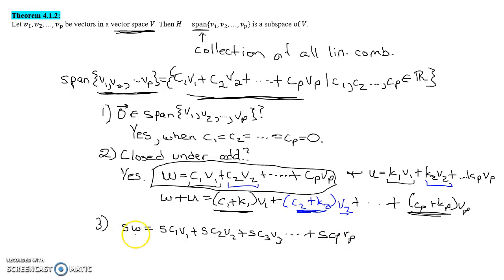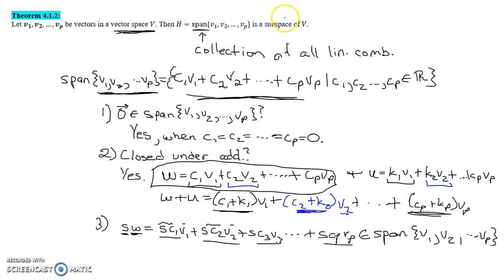So if you multiply any vector in the span by a scalar s, all that's going to do is multiply all your scalars by s, but that's still a linear combination, because it's still a scalar times a vector, scalar times a vector. So it's a linear combination of the vectors v1 through vp. Again, a span by definition satisfies these three criteria, so it's always a subspace of the vector space V.